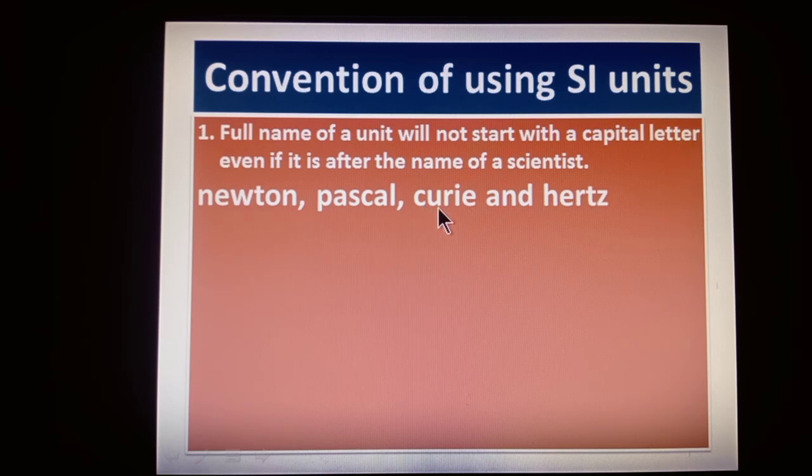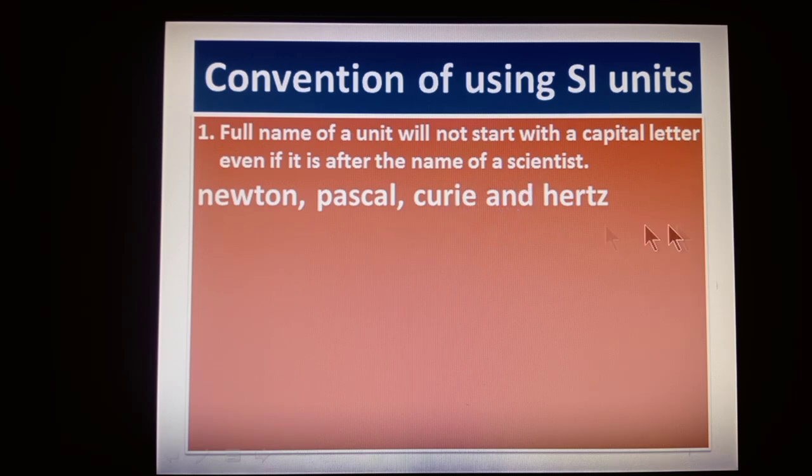So, to clearly show that I am talking about the unit of radioactivity, I should start it with small c. And similarly, small h for hertz. So it is the first point to remember: when you are writing the full name of a unit, it should not start with a capital letter, even if it is after the name of a scientist. I hope it is clear.